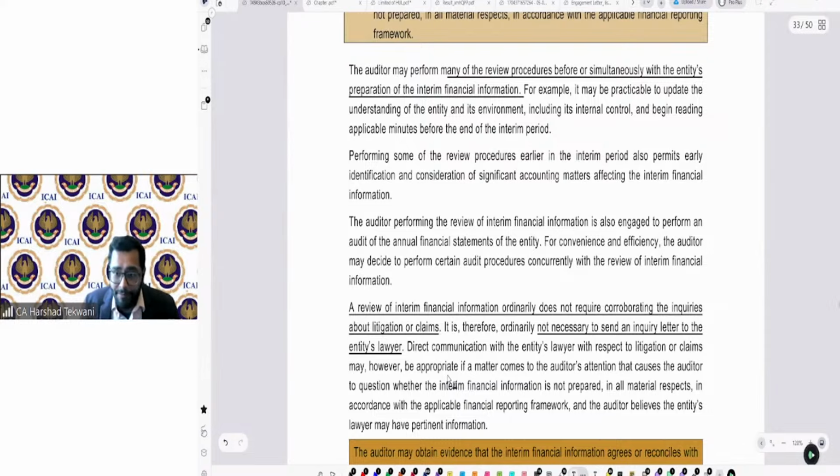However, if something has come to the auditor's attention that causes the auditor to question whether the interim financial information is not prepared properly, then the auditor may do a direct communication. But unless something has come to the auditor's attention, there is no requirement to corroborate litigation and claims with respect to the interim financial information.